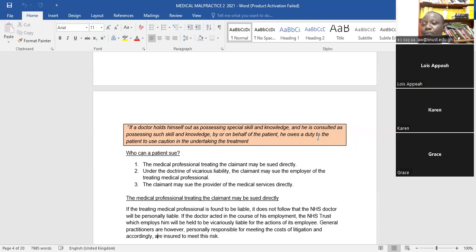But in practice or in reality, because the healthcare professional will not be working on his own, he may be working for a healthcare facility.